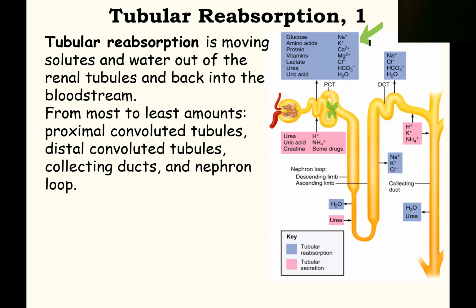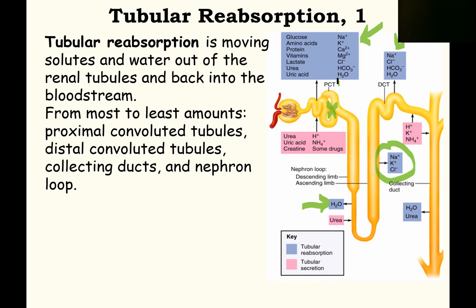So we're focusing on the blue boxes. Things are coming out of the renal tubules and going into the bloodstream. So either vasa recta or peritubular capillaries.